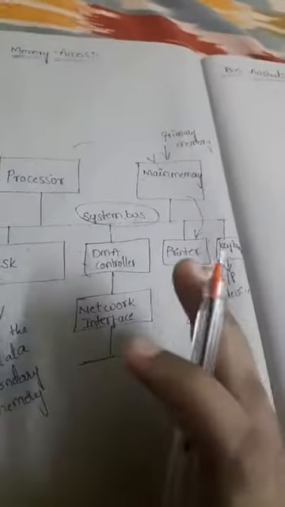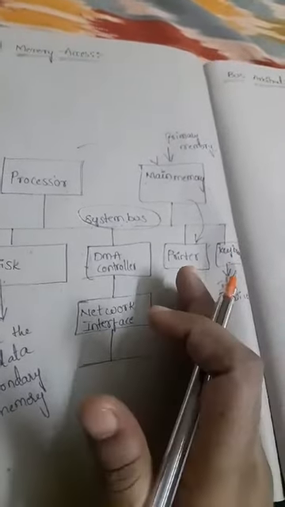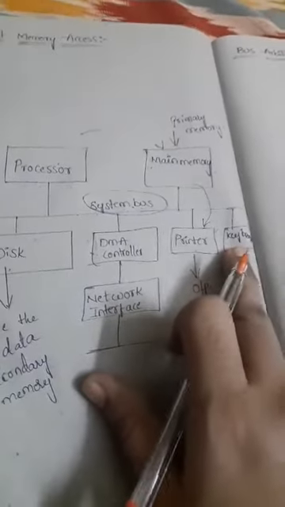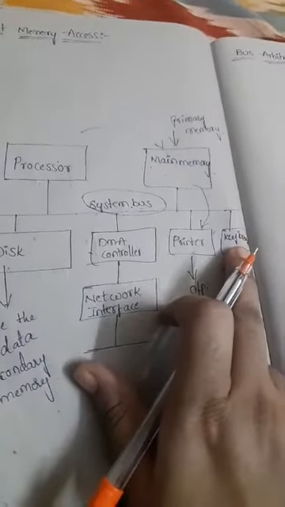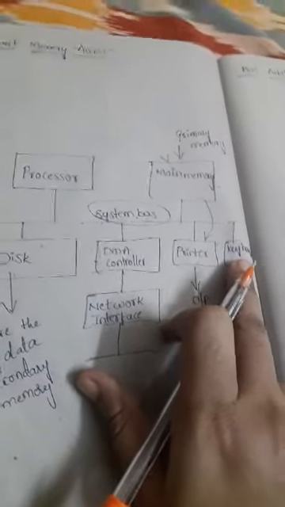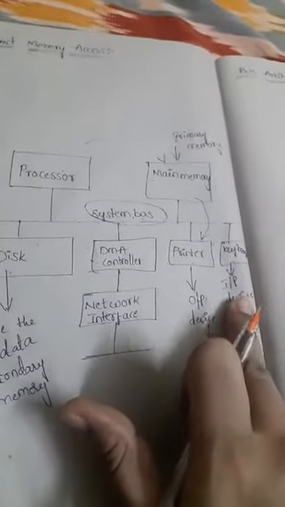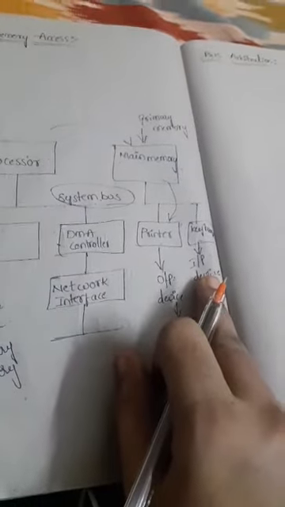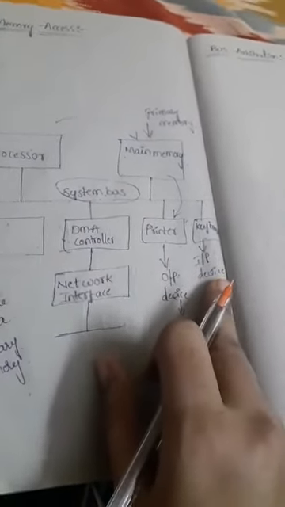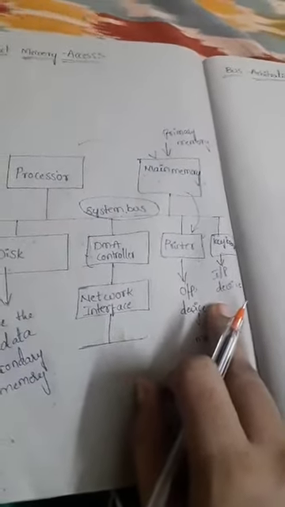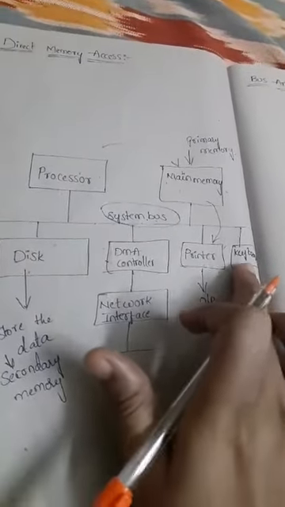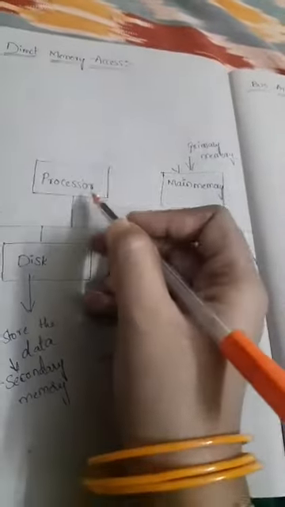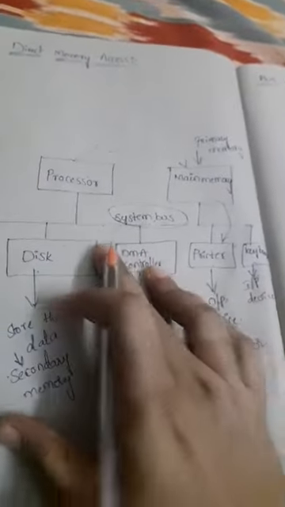Whenever the user enters some characters, or wants to use some input devices, or in other words, whenever the user wants to communicate with the system, compulsorily all the requests must go to where? All the requests must go to the processor.